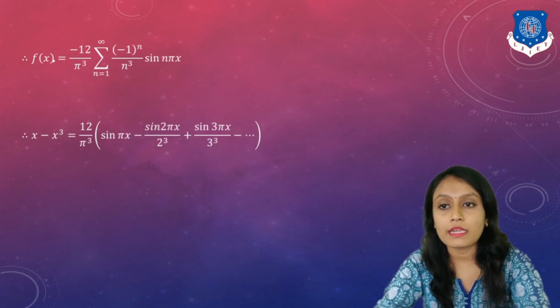Minus taken common, so minus minus will become plus. So here we have sin(pi x). Then for n equals 2, here we have 1 upon 2 cube. Again, as minus is taken common, here we have minus. Next, here we have plus. In this way we have expanded to get the Fourier series of the function f(x).